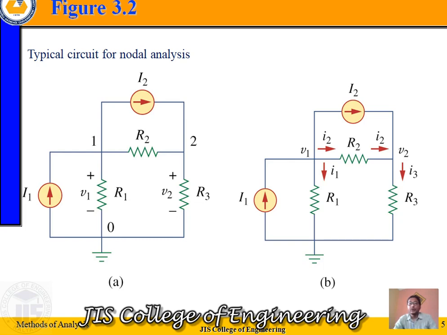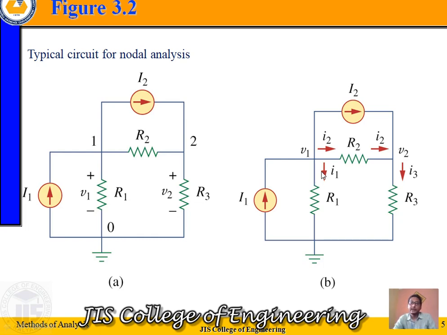Then we have to put the currents at the non-reference nodes. The non-reference node having voltage V1 has a total of 4 branches connected together. So for whatever branches, we have to consider the current.